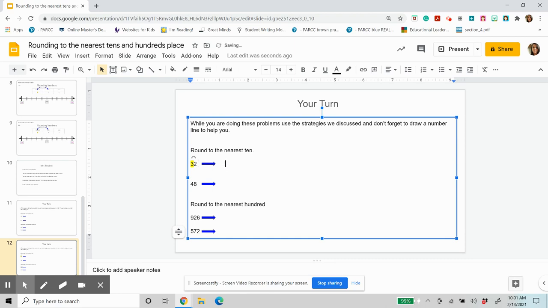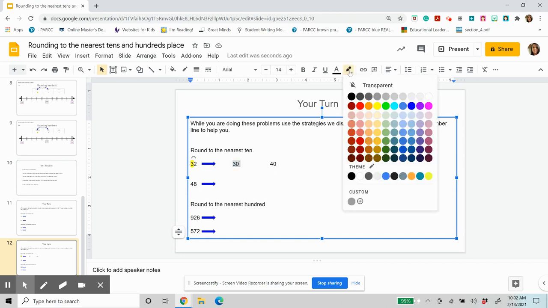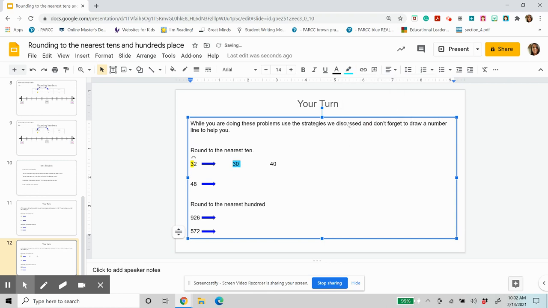If I'm drawing the number line, and it's not easy to do with this, I'm saying, okay, 30 or 40, those are my choices. And now I'm looking at the 2. The 2 is less than 5. So if I'm deciding between 30 and 40, which is it closer to? Well, it's closer to 30. That would be the number.